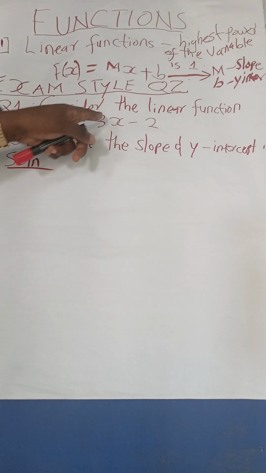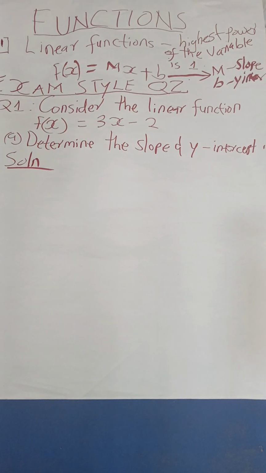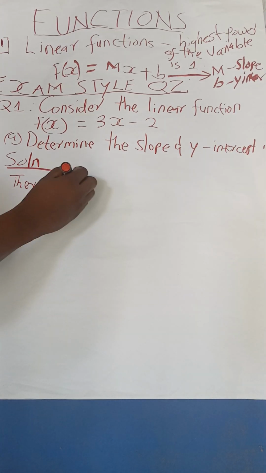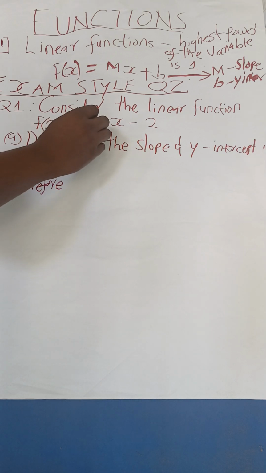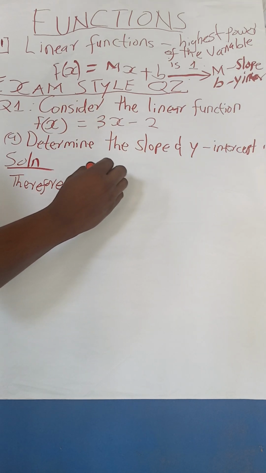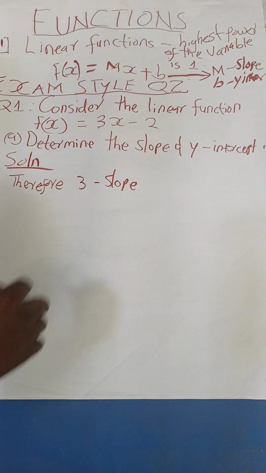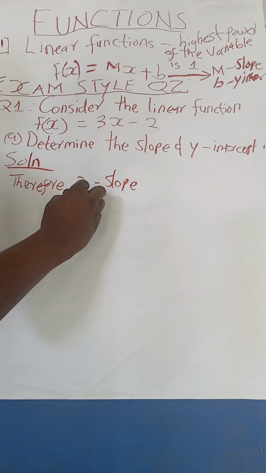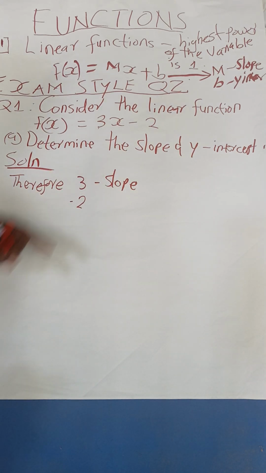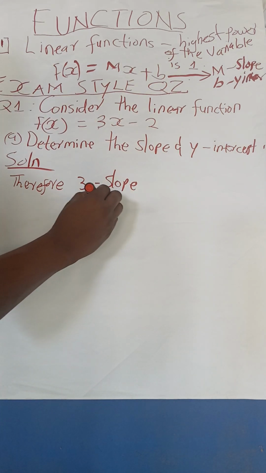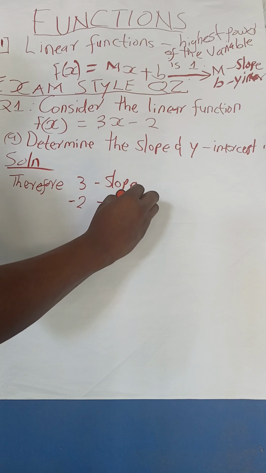So you can simply say, therefore, that 3 in this case is the slope, because the question wants us to determine the slope and the y-intercept, and minus 2 becomes our y-intercept.